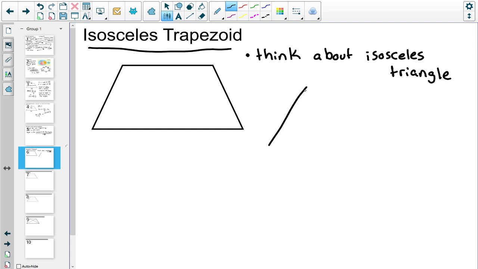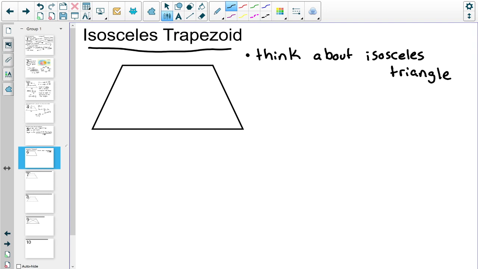It would look something like this, where this base side on the bottom is not the same length, but these two are. These two sides are congruent. And then from that, we could say, well, this angle is congruent to this angle. You guys remember that? I hope you remember that. I asked you a question as if you could respond.